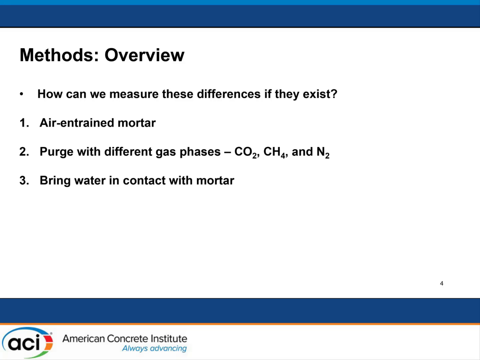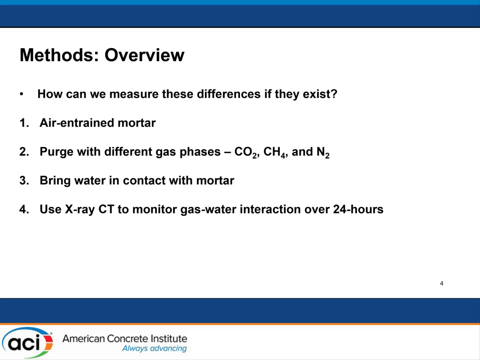Then we brought water in contact with each of our mortar specimens, and used X-ray microcomputed tomography to monitor the gas and water interaction in the air entrained voids that were easily resolved using CT scanning. And we observed this for 24 hours using CT scans.